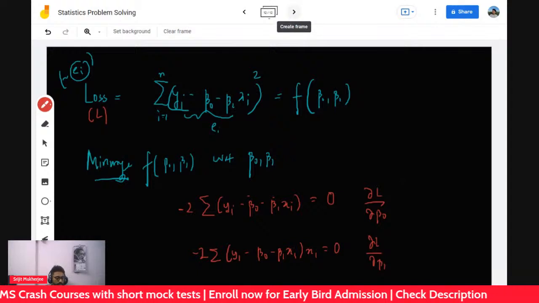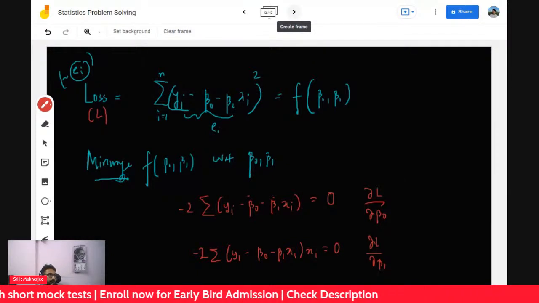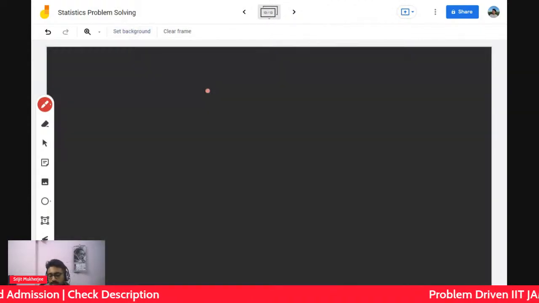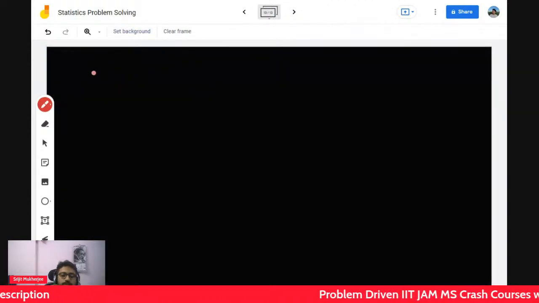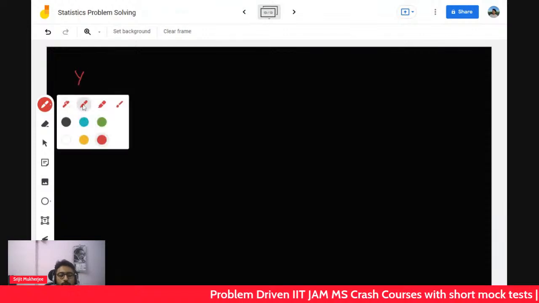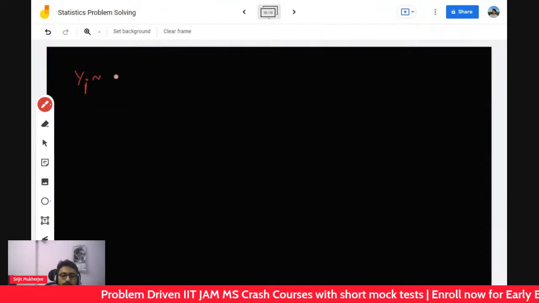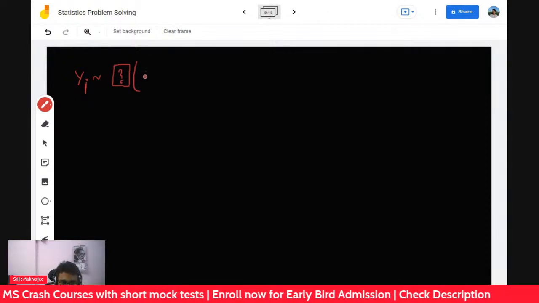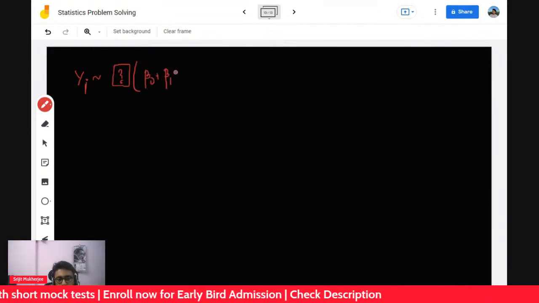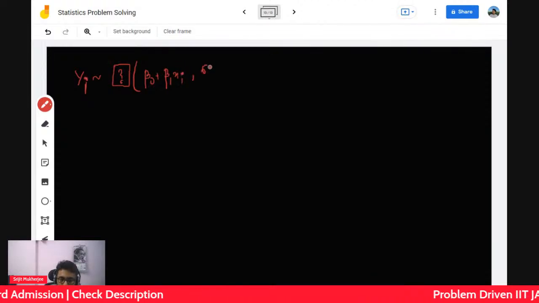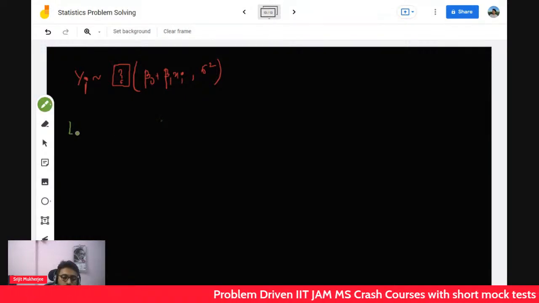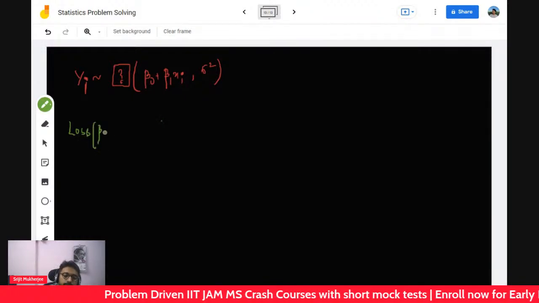Also, let me tell you something. Let's say an example. In the previous case, what was the form? Yi follows a certain distribution we don't know, with mean beta naught plus beta 1 xi, comma sigma square. So what we did, we defined the loss function to be this.